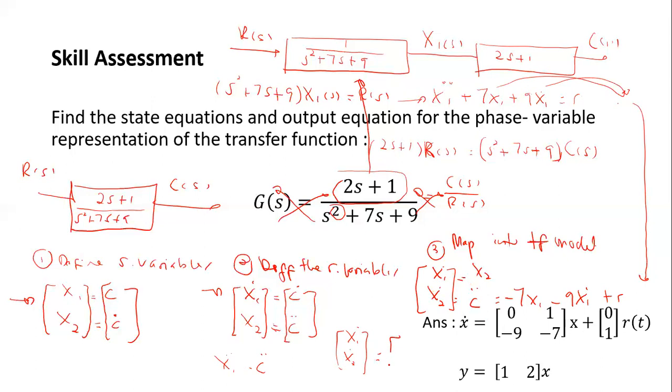equals some A matrix times the state variables X1, X2, plus a B matrix times the input R(t).